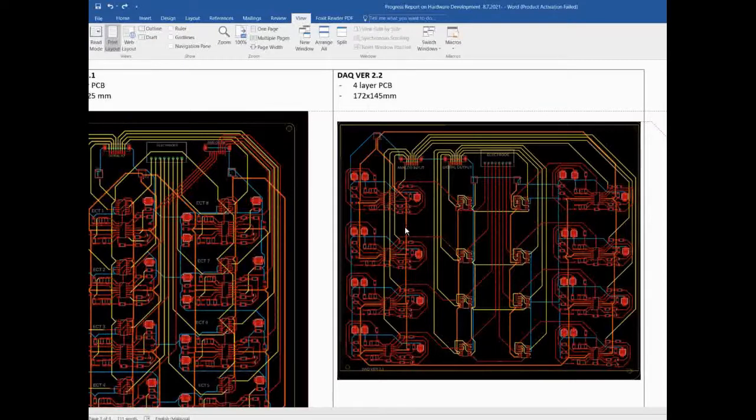The EMI shows up in the signals as noise. So this whole new design is just to really reduce or eliminate those EMI causes.